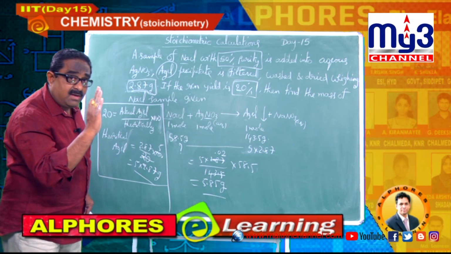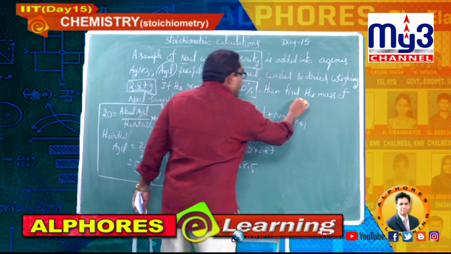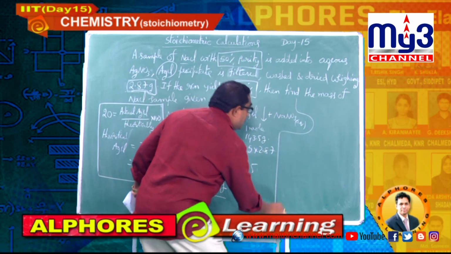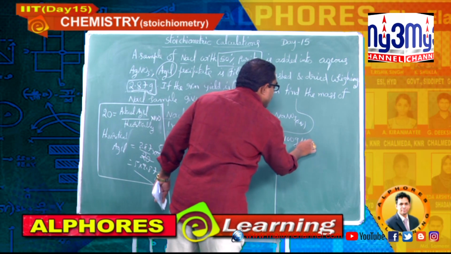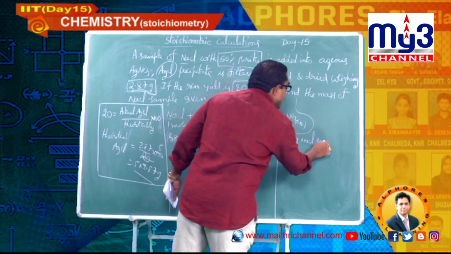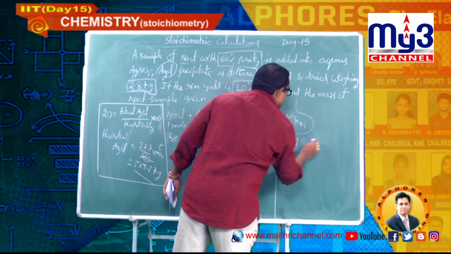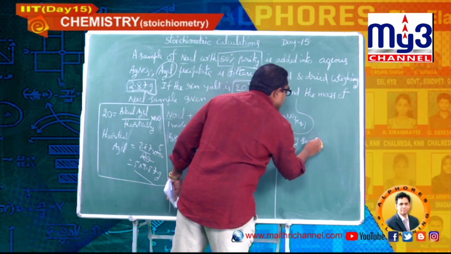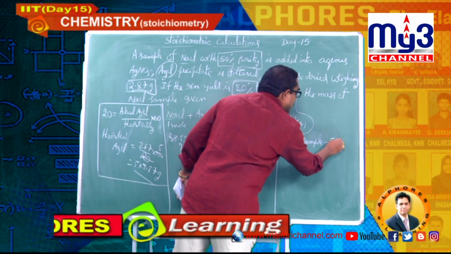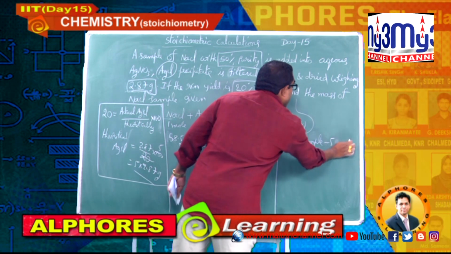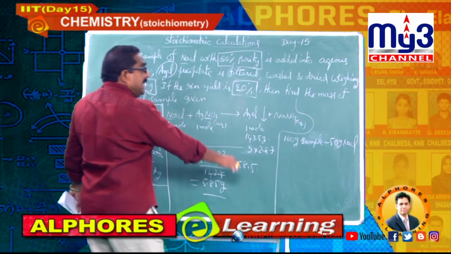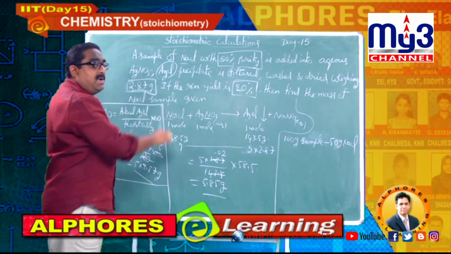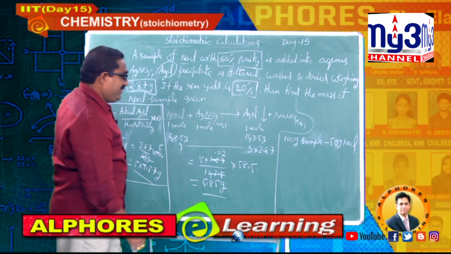Only 50% pure. It means, for the final calculation, for every 100 grams of sodium chloride sample, 100 grams of sample contains 50 grams of sodium chloride. That is the meaning of 50% purity.